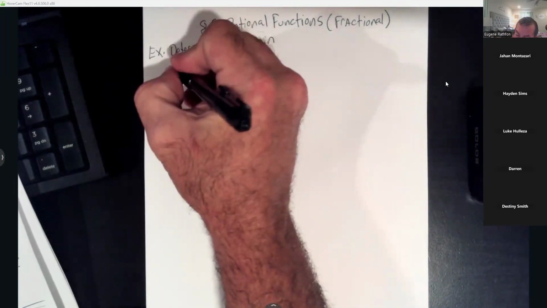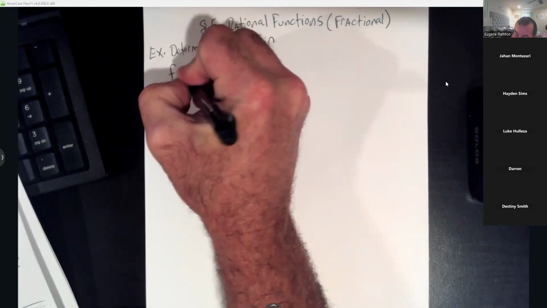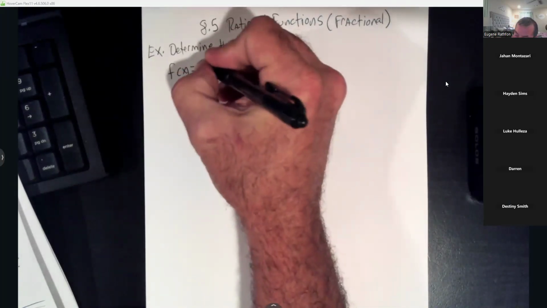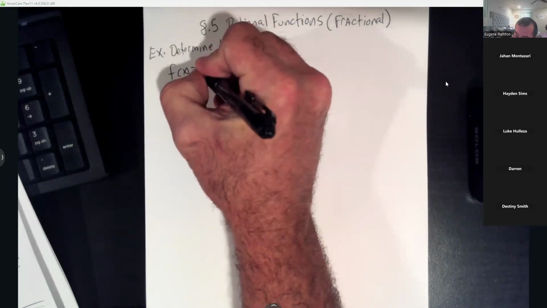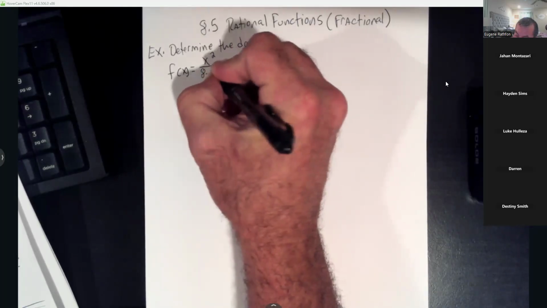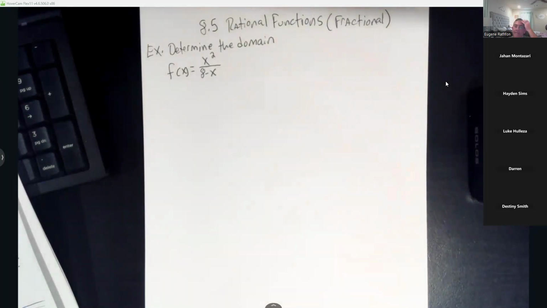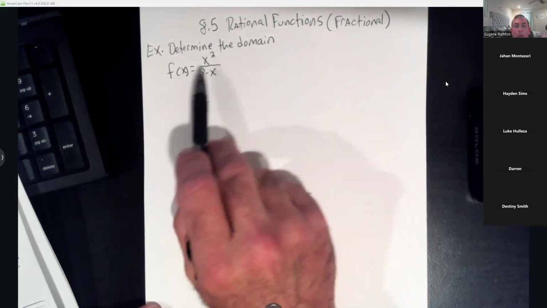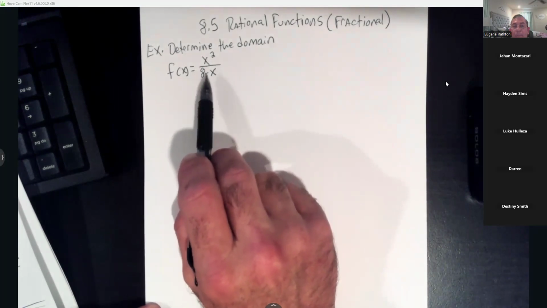All righty. So my first one, I got f of x equals x squared over 8 minus x. All right, y'all. So we've been doing this type of problem earlier in the course. So we're finding the domain.